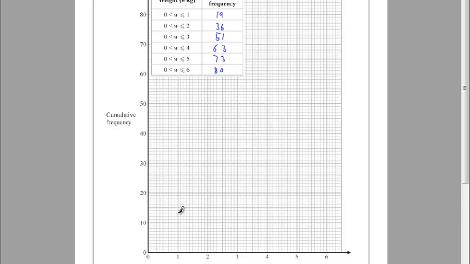So let's put that in. 19, just there. 36, 2 kilograms or less, just there. 51, 3 kilograms. 63 is 4 kilograms. 73, 5. And so it's 6 kilograms or 80.